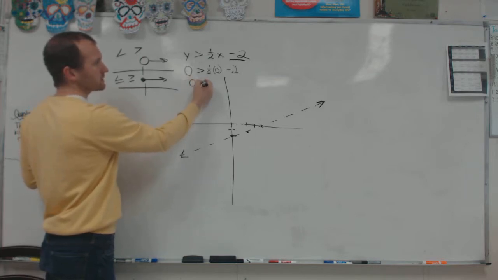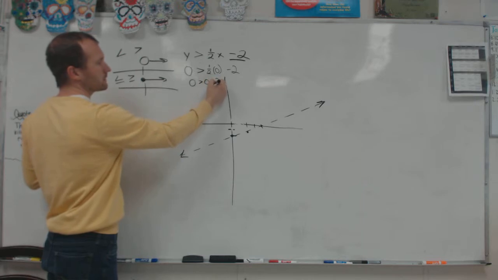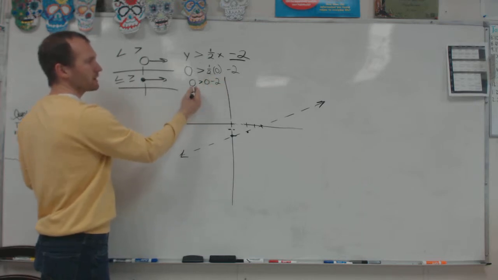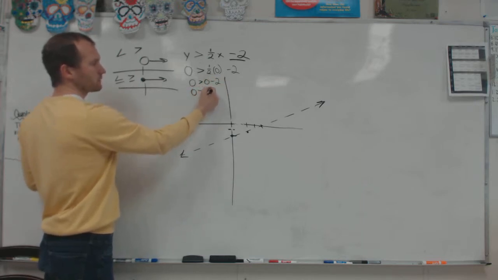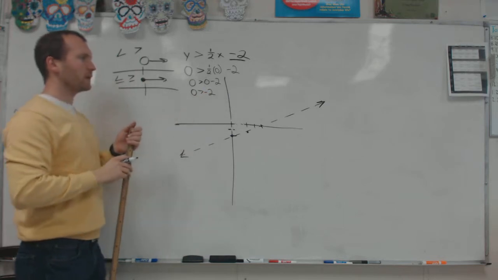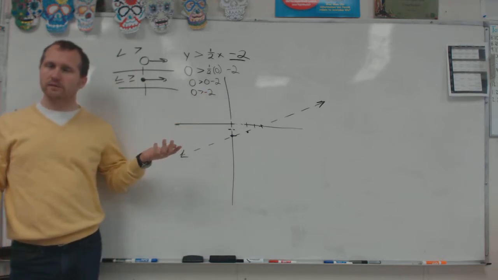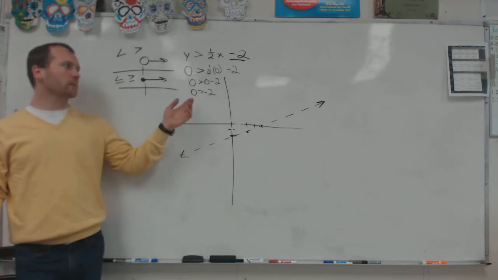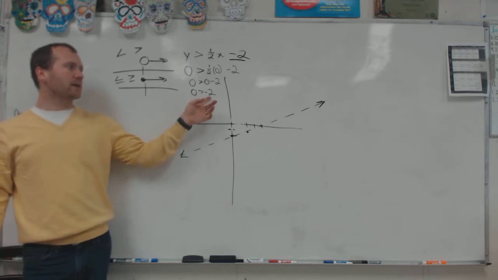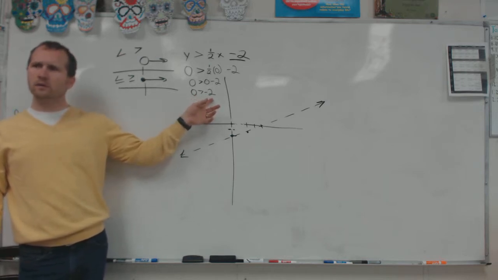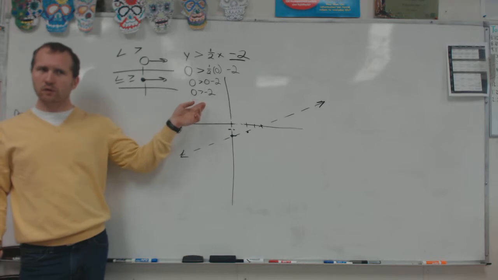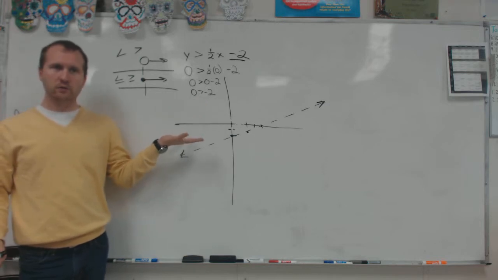Anything times 0 is just 0, right? What is 0 minus 2? Negative 2. Right? 0 minus 2 is negative 2. So is 0 greater than negative 2? Is that true? Yeah, that's true.